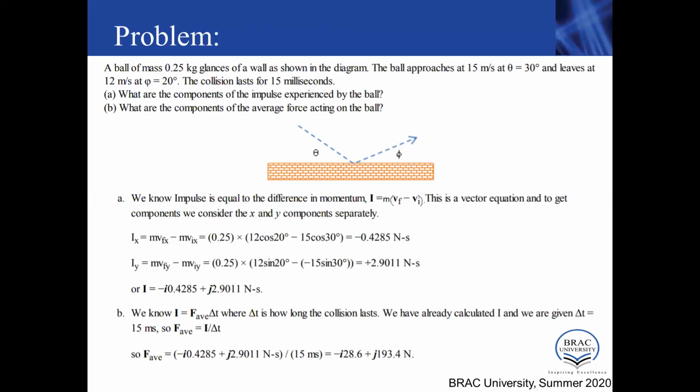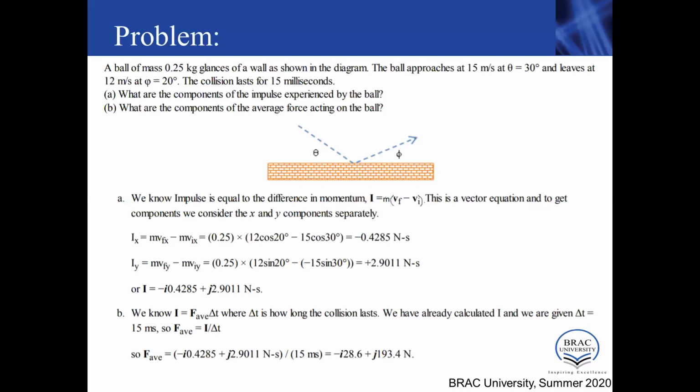So impulse I is equal to mvf minus mvi, where the first part is the final momentum and the second part is the initial momentum. This is a vector quantity, since velocity is a vector quantity here. So this is a vector equation, and to get components we consider the x and y components separately.